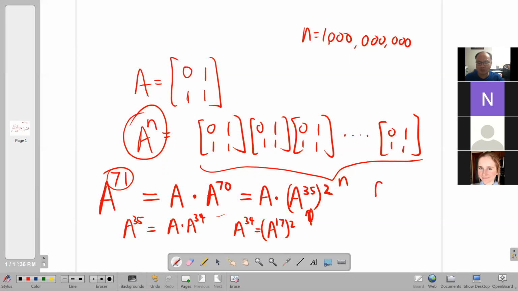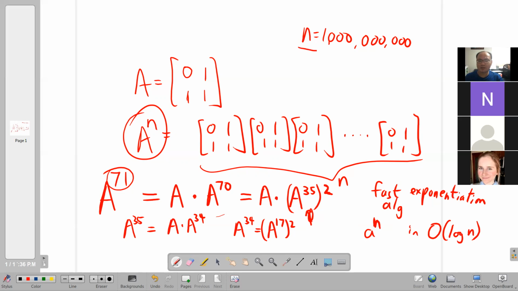So this is what is called a fast exponentiation algorithm. If you want to compute A to the n, A can be a matrix, can be numbers, doesn't really matter, as long as it's any kind of multiplication that forms the exponents, you can compute this in big O of log n steps.